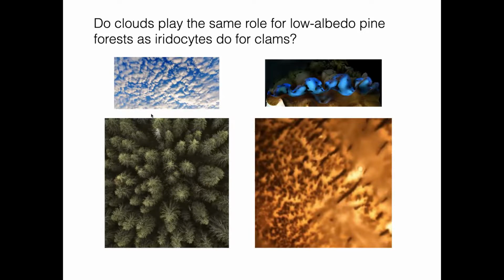And we started to speculate if maybe clouds don't serve the same sort of radiance redistribution function for forests as iridocytes do for clams, and one is just a geometrically scaled down version of the other. So that'll be the next time you guys invite me to give a talk, I'll give that talk.